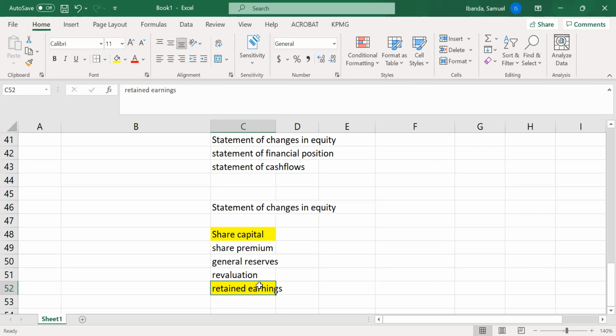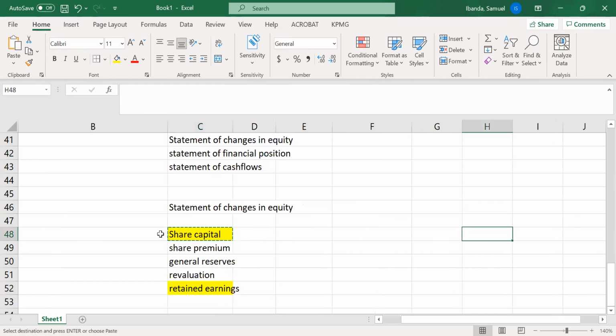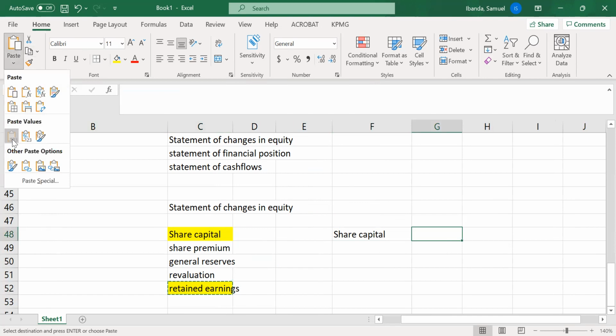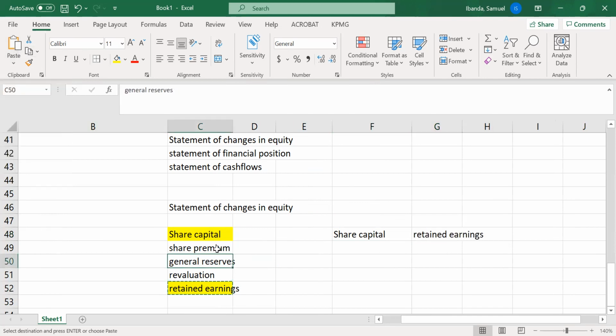So in terms of what goes there, the statement of changes in equity has columns, and columns are dependent on the information you were provided. For example, if we have share capital being provided, we'll have our share capital there, we'll have our retained earnings there, and let me just add one more. We shall have our share premium.